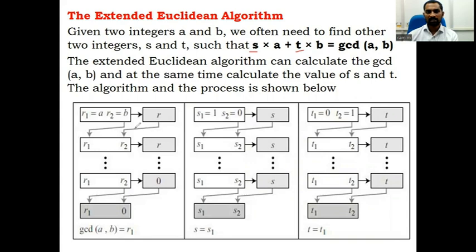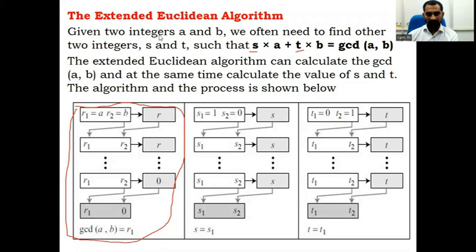Here the process of extended Euclidean algorithm is explained. So we know about finding the GCD. This entire process, what we have seen in the Euclidean algorithm, is there here. We take R1 equal to A, we take R2 equal to B, and we check whether R2 is greater than 0. If R2 is greater than 0, we'll do the process. If R2 equal to 0, we'll stop the process.